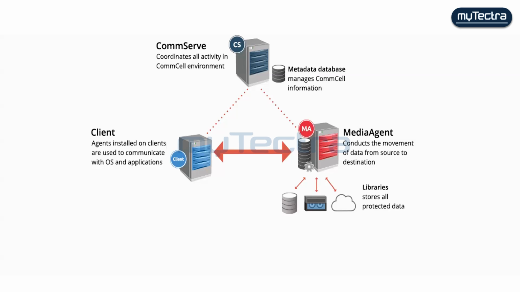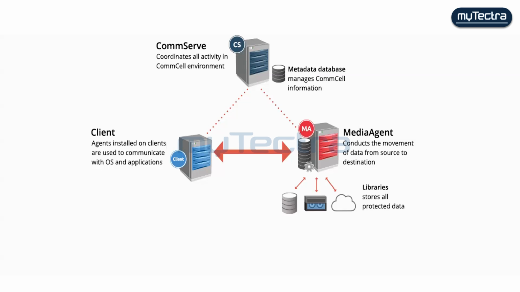Now you have understood how the client's data is getting passed to the storage. One more thing: the client can be anything, a server or any other device, anything from where we are getting the data.